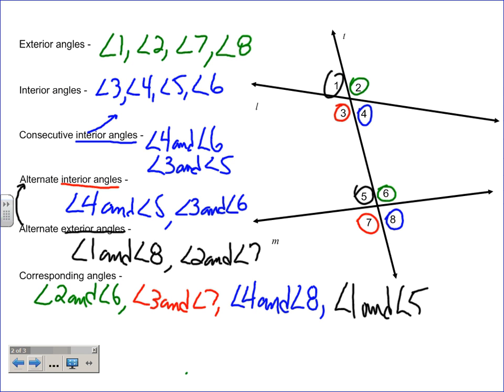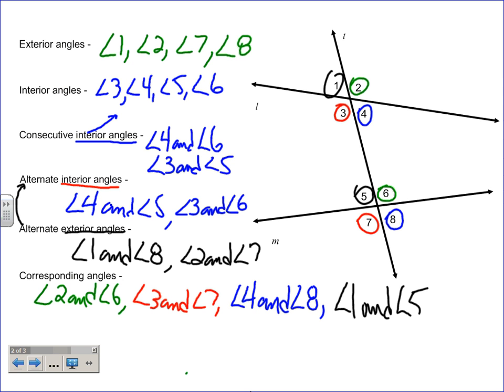So any questions on that? I think there's probably a couple good ones at this point that you could ask. Aren't there some angles we haven't paired together? Actually, like 3 and 4 we haven't, because that's a linear pair.